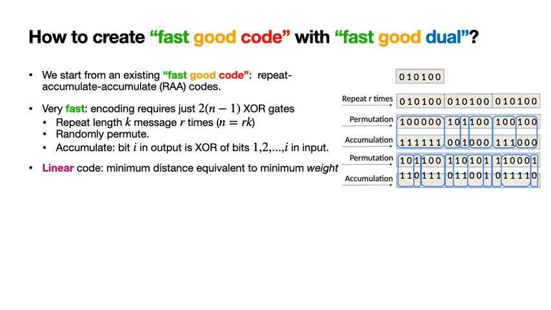What might not be obvious is that this code is linear. One can see this by observing that repetition, permutation, and accumulation are all easily expressed by a matrix. And linear codes have a very useful property, namely that the minimum distance between any pair of code words is in fact equivalent to the minimum weight of any code word, where weight refers to the number of ones in your bit string.